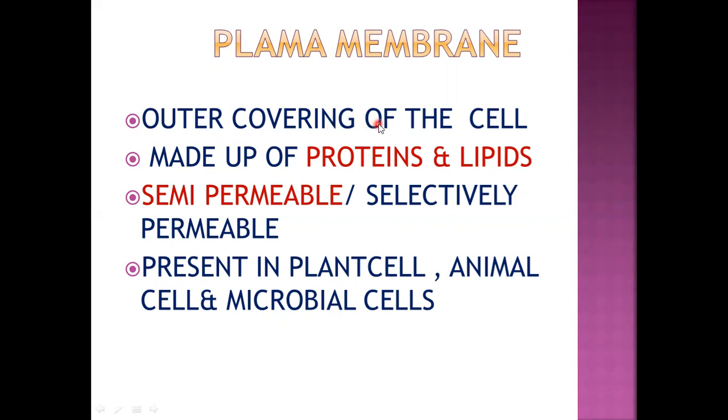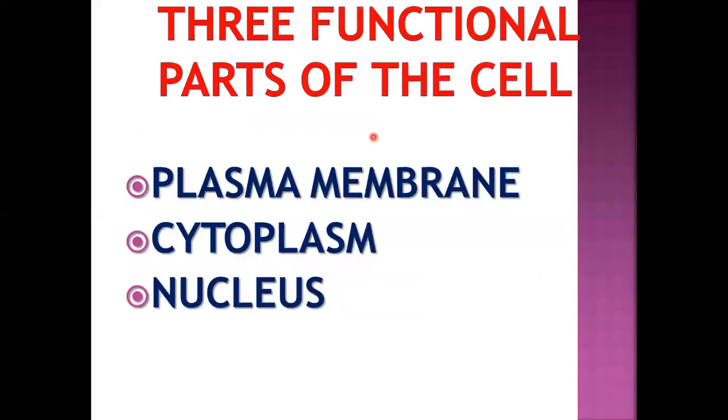What is inside the cell membrane together? It's known as protoplasm. The cytoplasm and nucleus together is known as protoplasm. And protoplasm is the living material inside the cell. So we can say that protoplasm has two main parts.